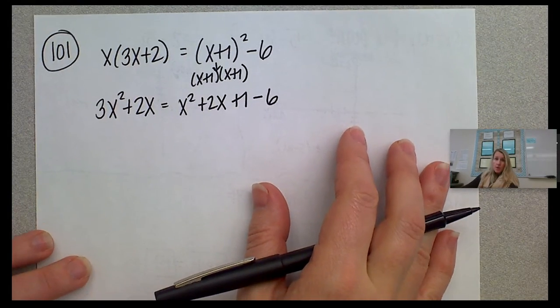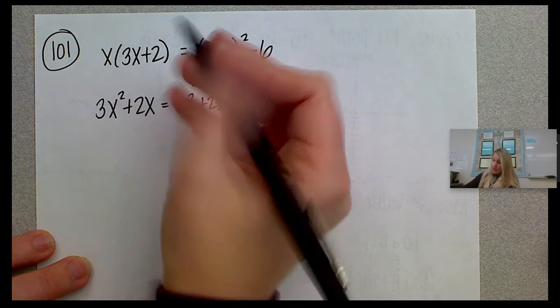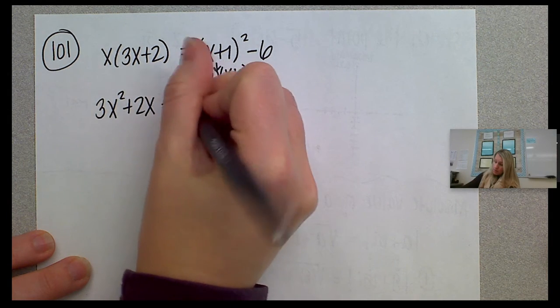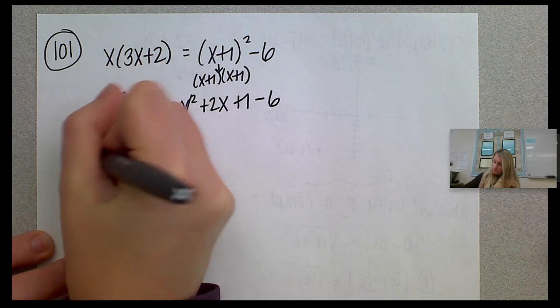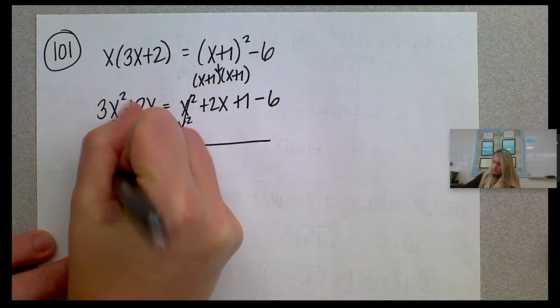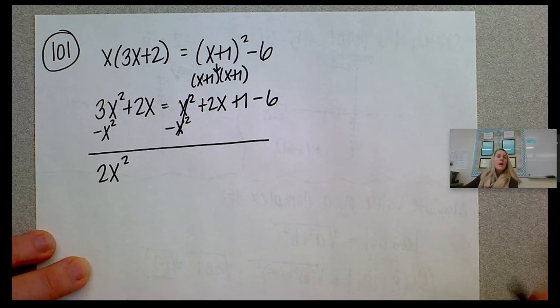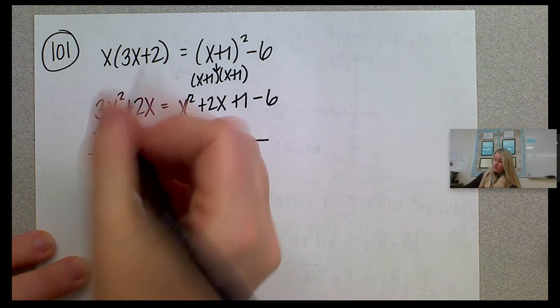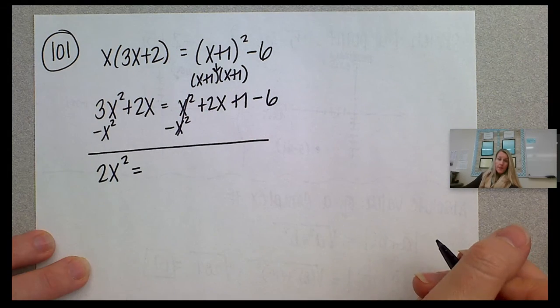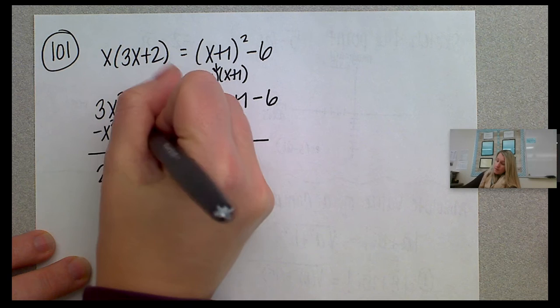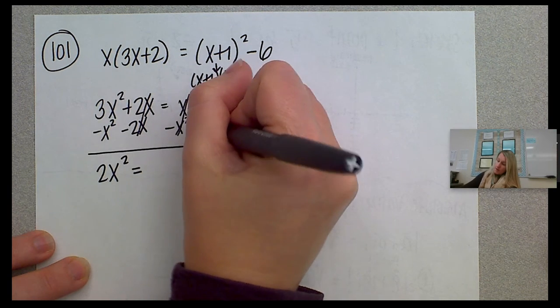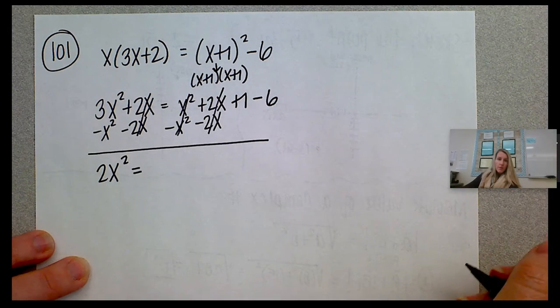So our main goal is quadratic terms to one side. So I'm going to move the x squared over here. Everything else to the other side. So I'm going to move this 2x over here. And what a beauty.